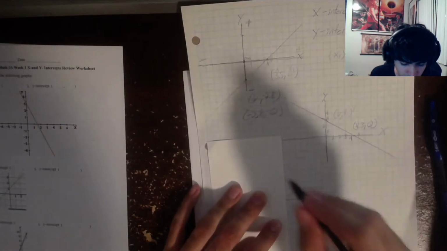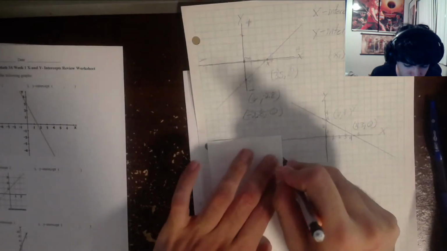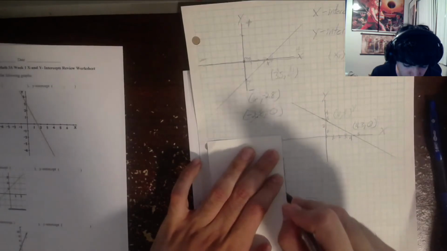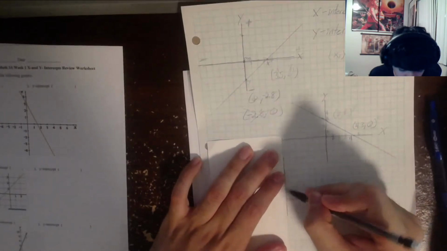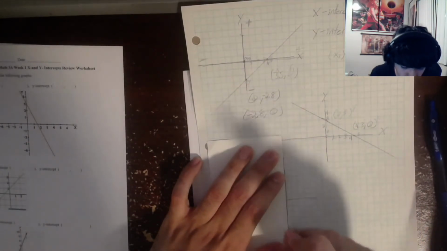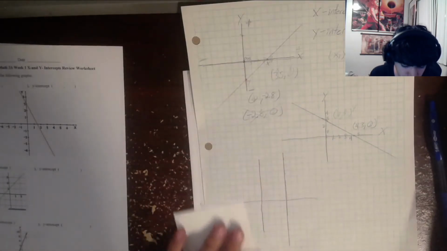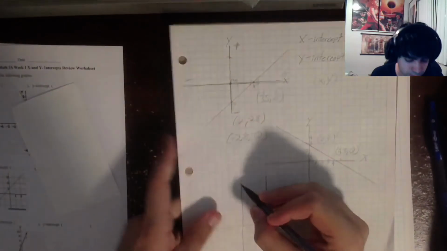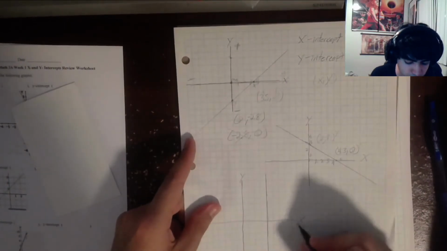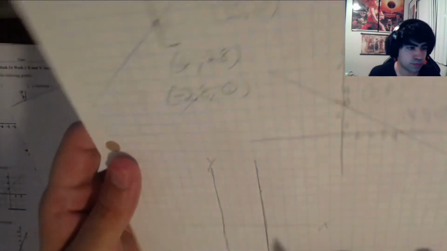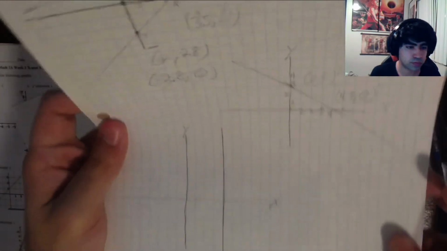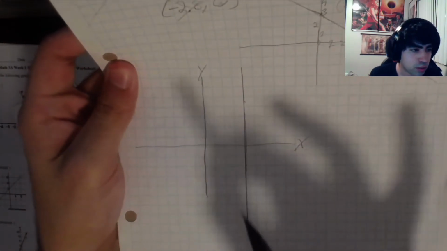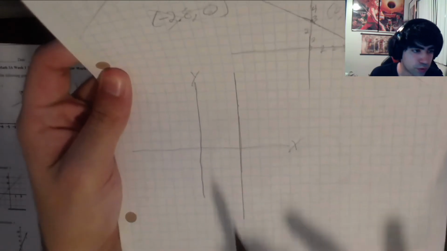Let's draw this line. Here's going to be interesting. This is good to know. Okay. This is our line, this vertical line.